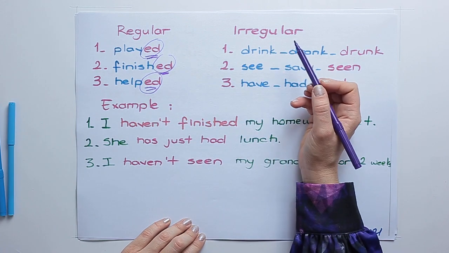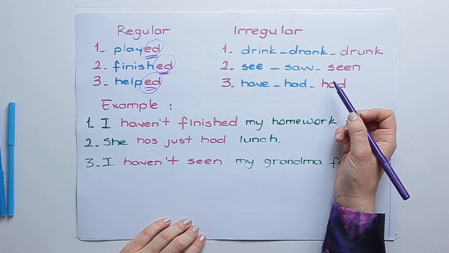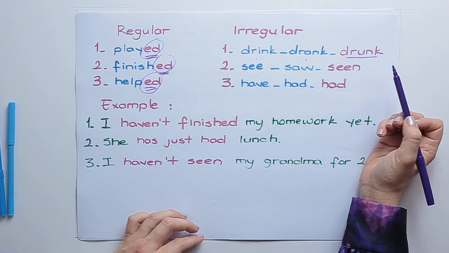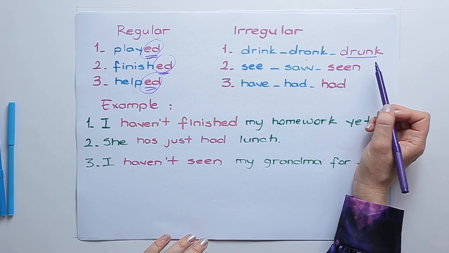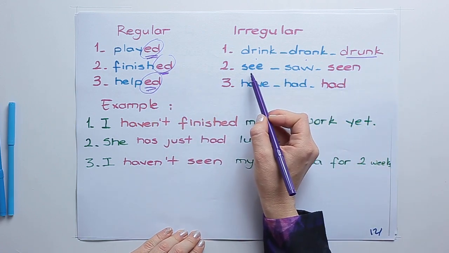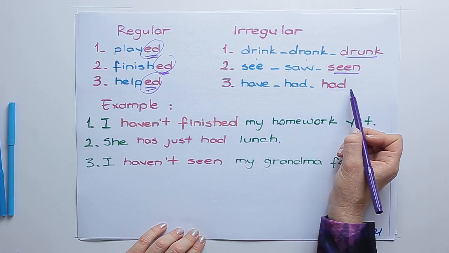But the irregular verbs change not entirely, but partly. Drink, drank, drunk. Drunk is the third form of the verb, which does not take ed like the regular ones. See, saw, seen. Have, had, had.